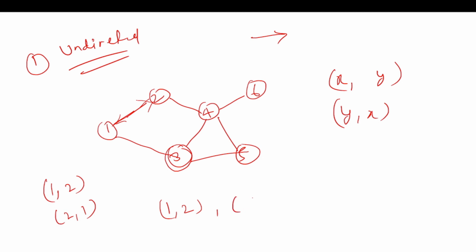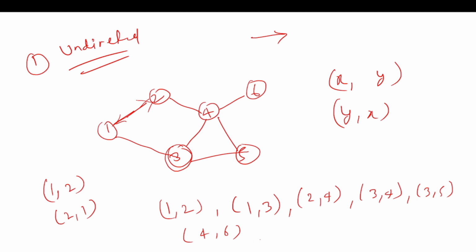After that, once 1 is finished, we will connect 1 with 3, right? Then we can connect 2 with 4. Then we can connect 3 with 4. Then we can connect 3 with 5, right? Then we can connect 4 comma 6, right? 4 comma 5, 5 and then 6, right?